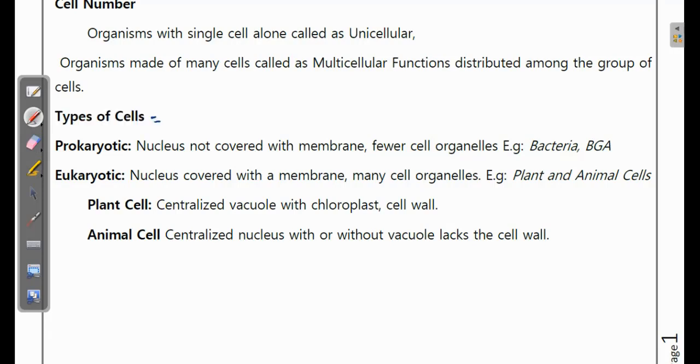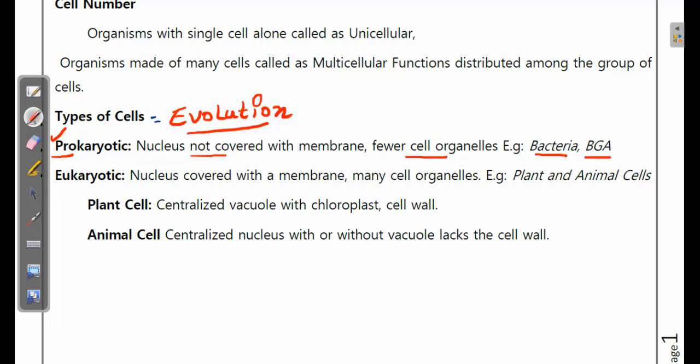Based on when they evolved, we have classified them into two major groups. The first one is called prokaryotic. Prokaryotic refers to the primitive, first. The nucleus is not covered with a membrane, which is an important differentiation, and they have fewer cell organelles. Examples are bacteria and blue-green algae.